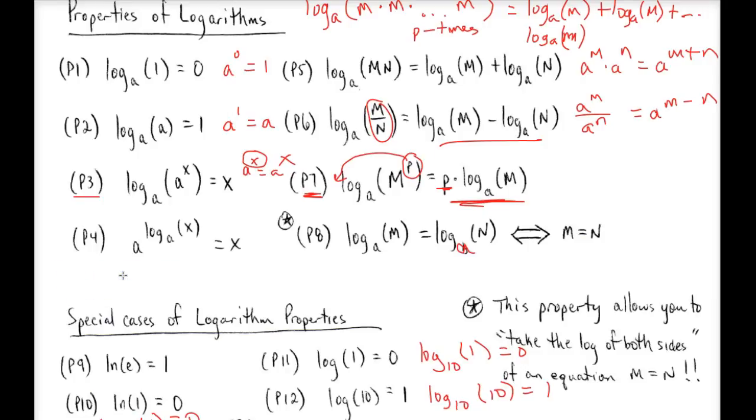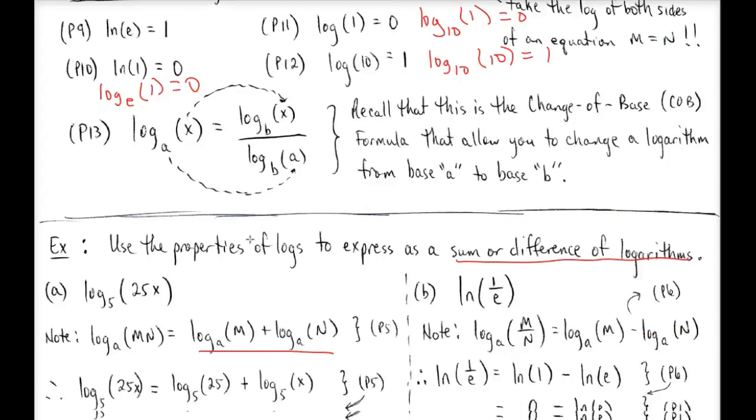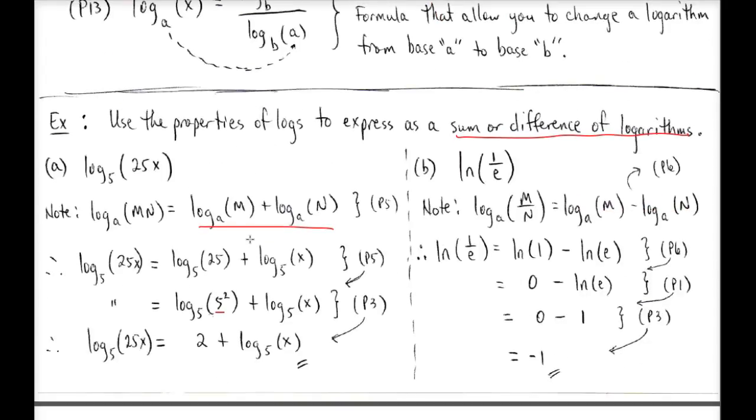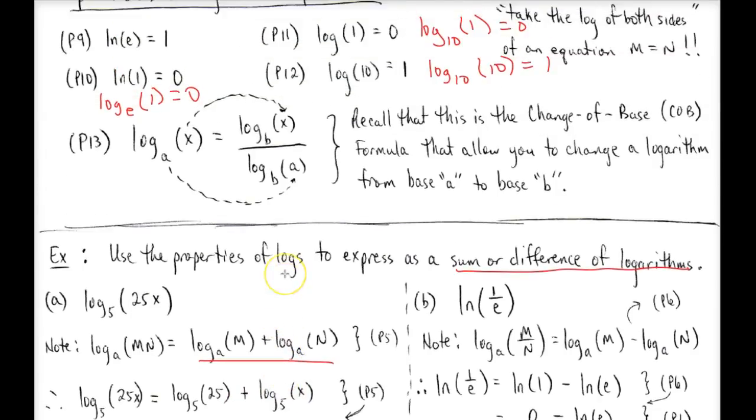Property number 3 says that log base a of a raised to a power is just going to be that power. And so here we see that log base 5 of 5 squared is just 2. Now, one thing I want to point out is that we also could look at log base 5 of 5 squared by looking at property number 7.